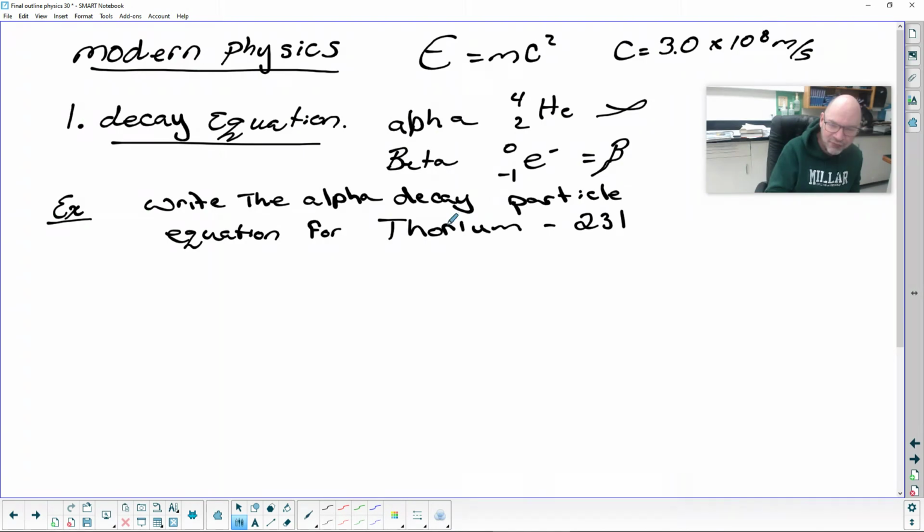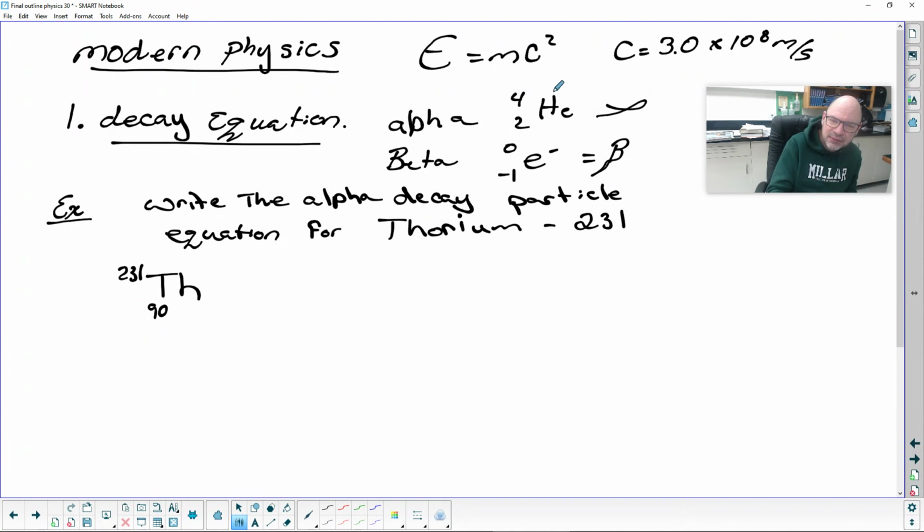But we're going to use the heavier elements for these ones. Thorium is element 90, and it's 231, so it has 231 particles in its nucleus. That's the first step, getting that correct.